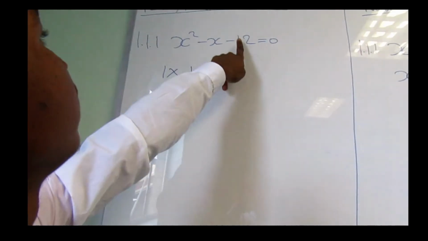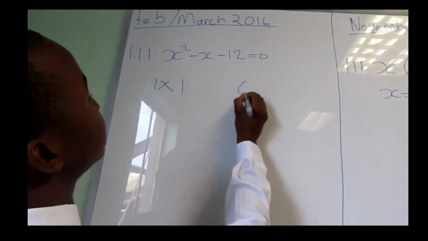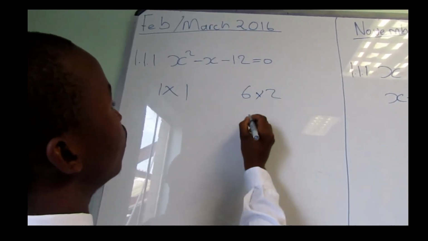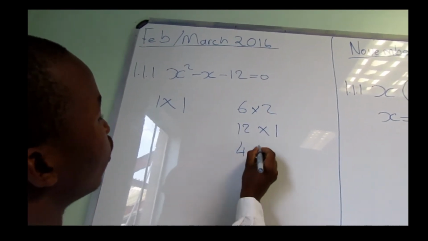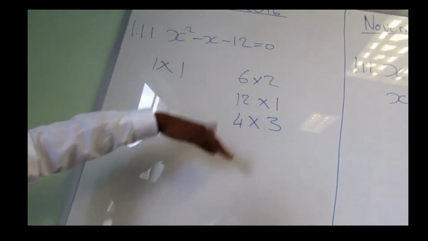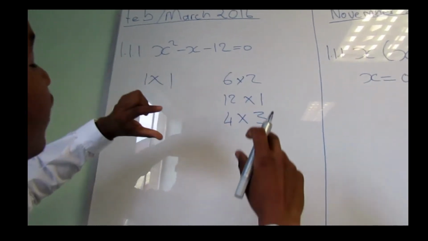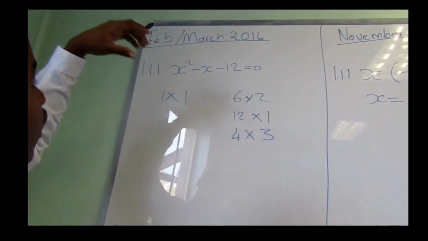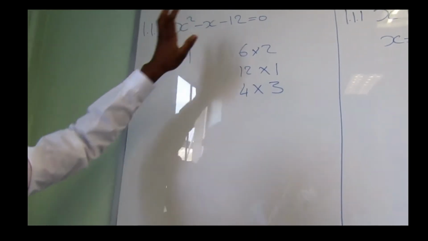Then the factors of 12: 6 times 2 is 12, 12 times 1, and 4 times 3. When we choose here, we choose such that when we subtract or add, we are going to get the middle term.